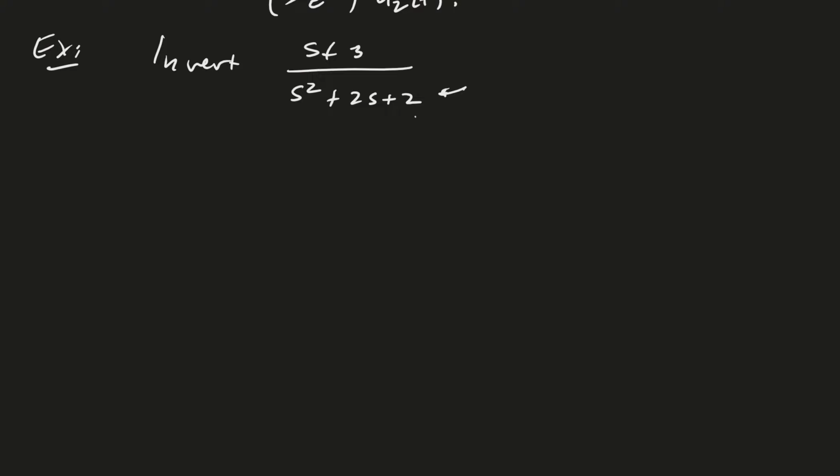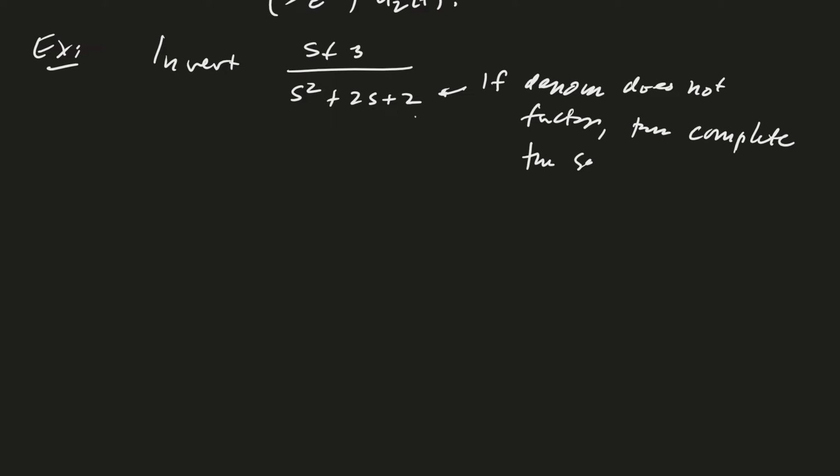If the denominator does not factor, then complete the square. However, if the denominator does factor, then factor, and then you would complete the square.